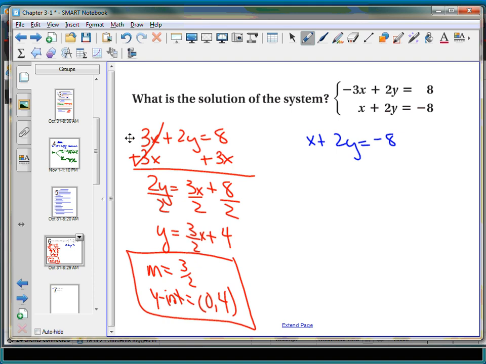What am I solving for? So I need to subtract the x. 2y is equal to negative x minus 8. Now what? Divide by 2.